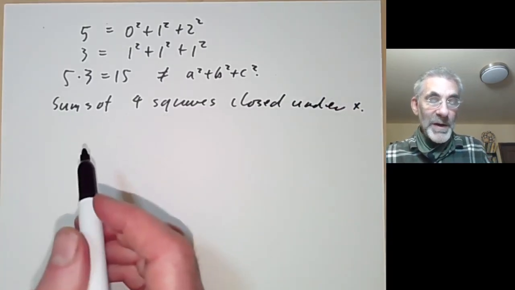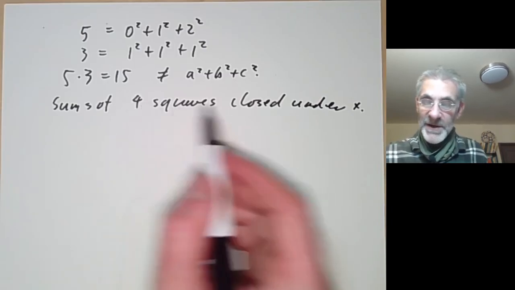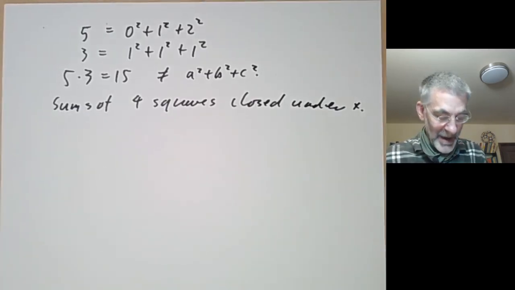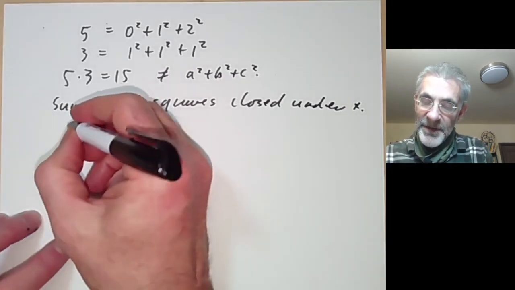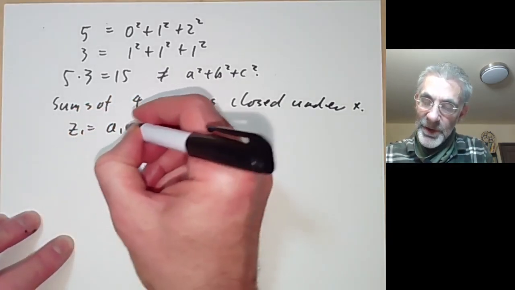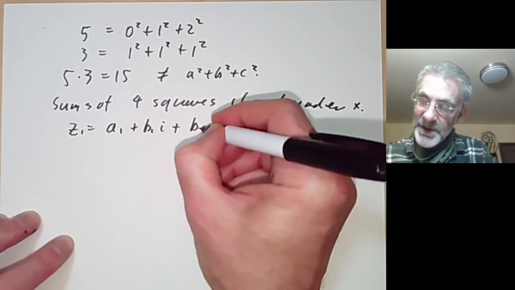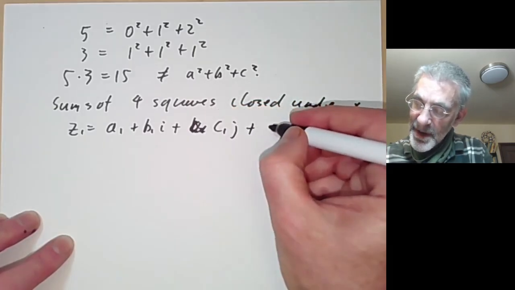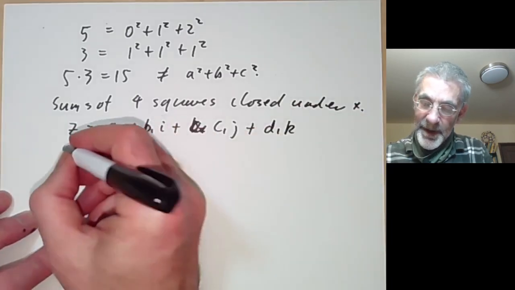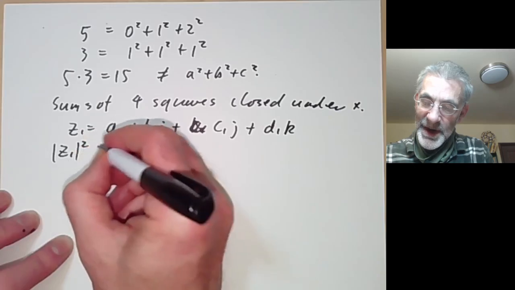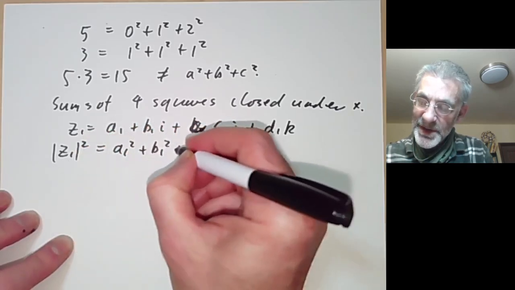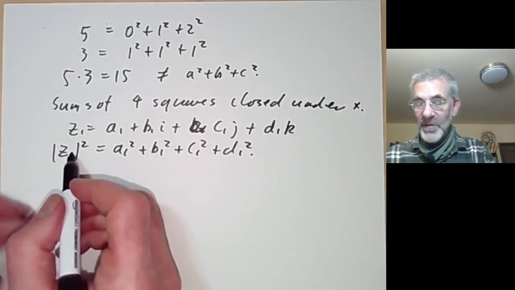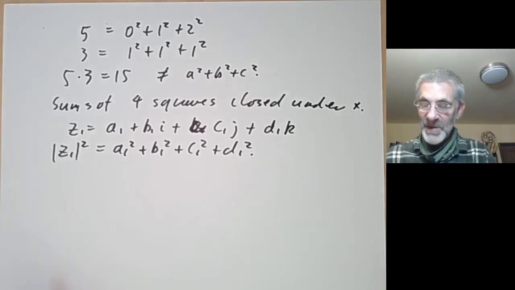We used complex numbers to show sums of two squares are closed under multiplication, and we can use quaternions to show that sums of four squares are closed under multiplication. So if we put z1 equals a1 plus b1i plus c1j plus d1k, then the absolute value of z1 squared is equal to a1 squared plus b1 squared plus c1 squared plus d1 squared, where the absolute value of a quaternion is of course defined as the square root of the quaternion times its conjugate.